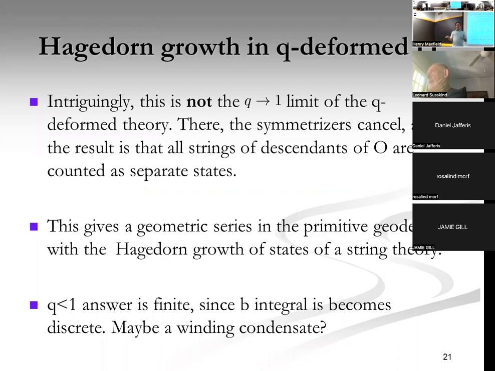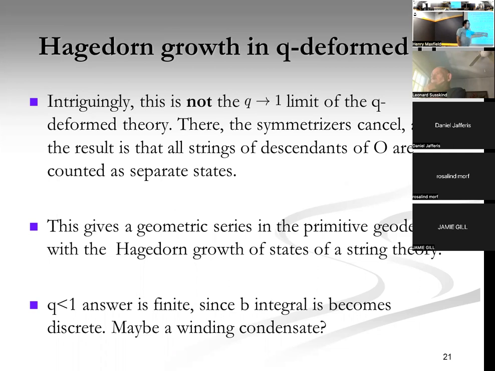So it has an exponential growth in the number of states being counted. You get a geometric series from the primitive winding. So it's like a distinguishable particle statistics. It corresponds to a Hagedorn growth of states, like in string theory. And so if you evaluate it as a function of B, there's a finite B where the answer diverges.